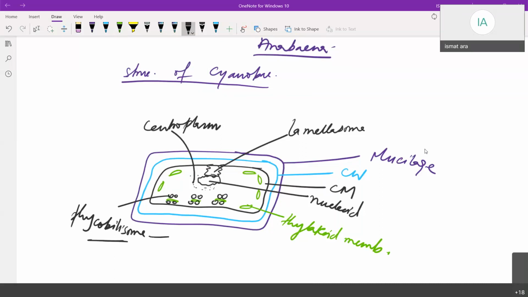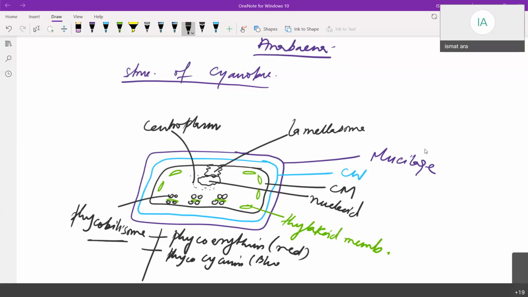Now, what is present in this phycobilisome, student? In this phycobilisome, three pigments are present. Phycoerythrin, which is red in color. Phycocyanin, blue in color. And the third one is allocyanin, light blue in color.